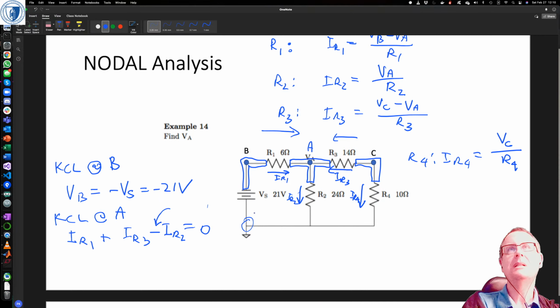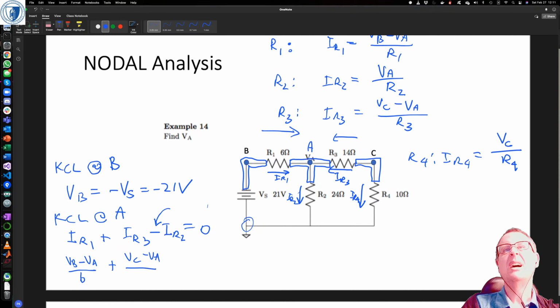And then we can fill those numbers in, right? So IR1 is VB minus VA on R1, which is 6. IR3 is VC minus VA on R3, which is 14. And then minus IR2 is VA on R2, and R2 is 24.